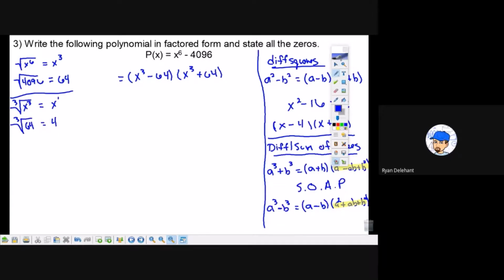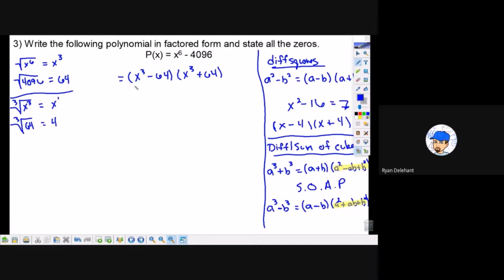Let's follow our formula here when we factor this. This one is going to turn into x minus 4. And then it's going to leave us a quadratic that we'll have to deal with. The formula said the first thing squared, so we had x, so this is going to be x squared.